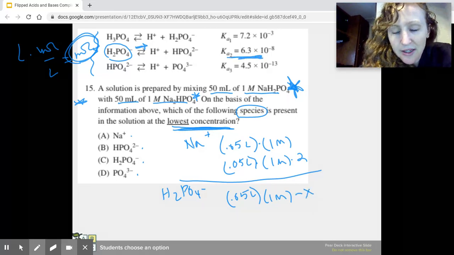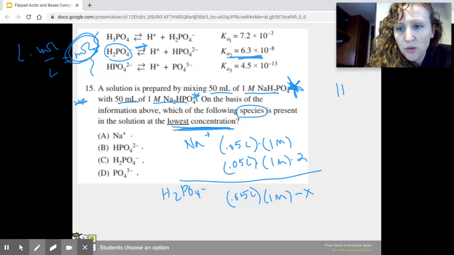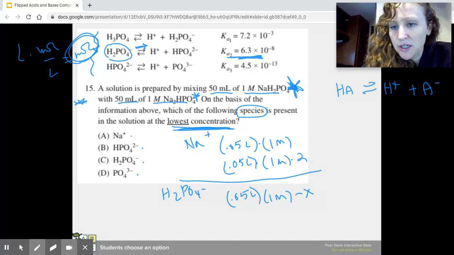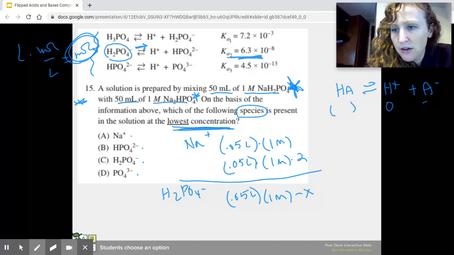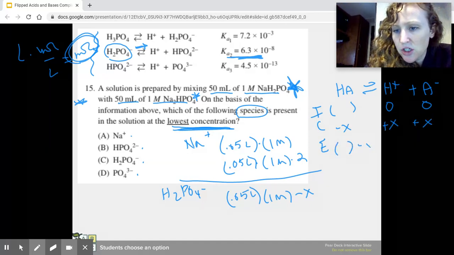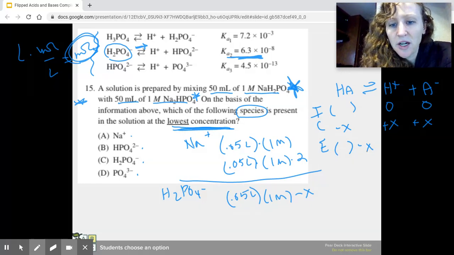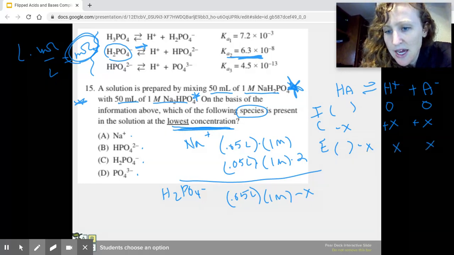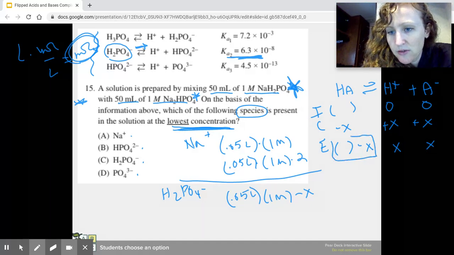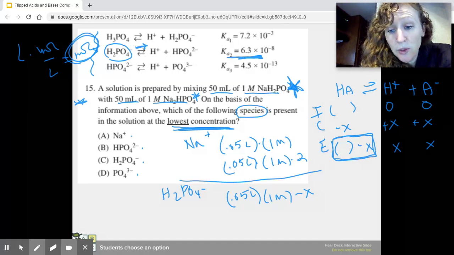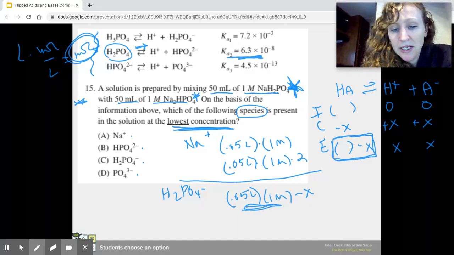So minus X, if we were to set this up in an ice chart with our weak acid going to our hydrogen, if this has a specific amount that we start with, our change, since it's a weak acid, will be an X. So our equilibrium position will be whatever our initial concentration is minus that X. And remember, usually when things have a very low Ka, we can kind of ignore that X. So this solution is going to be really close to what it is initially, maybe minus a tiny bit.